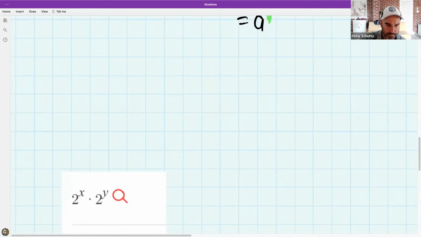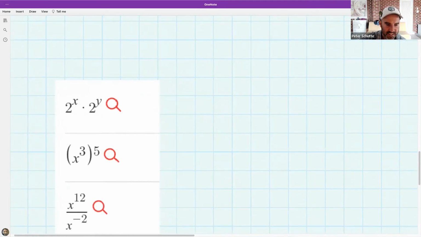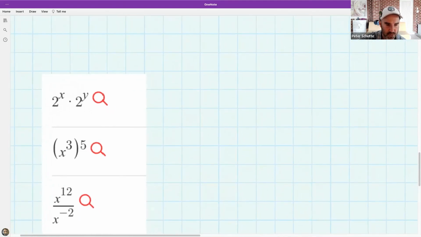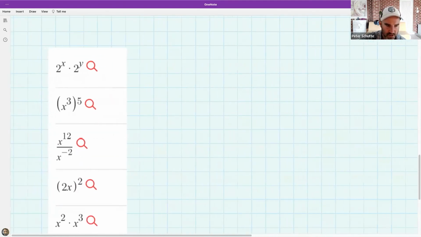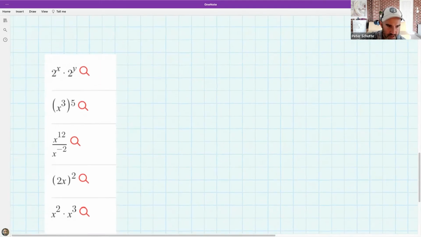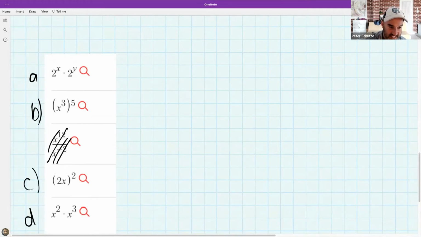All right, now we are going to do these 4 questions. I'm going to ignore this one for now. I need to talk to you a little bit more about other stuff first. But you can do A, B, C, and D. And they're getting a little bit trickier now.